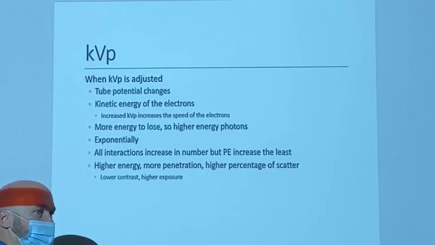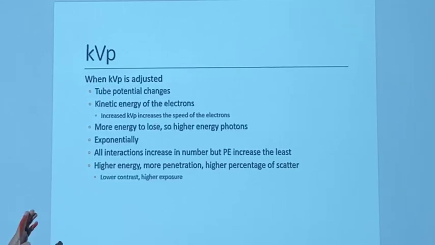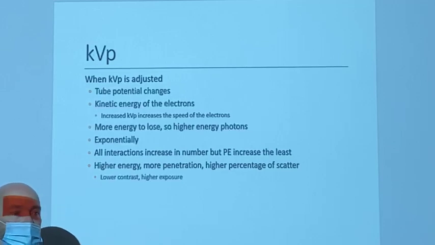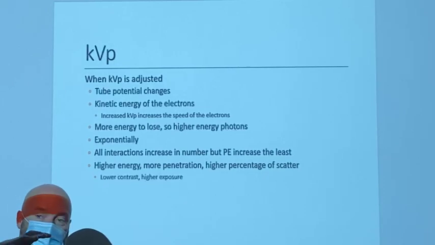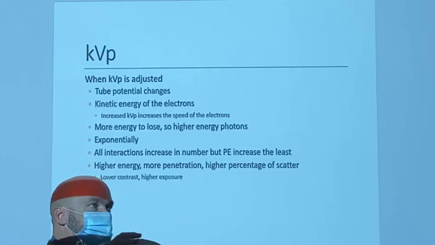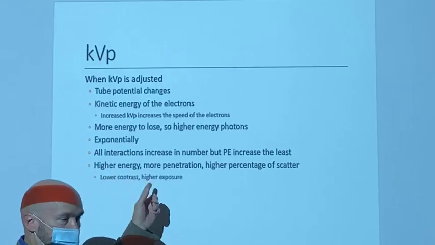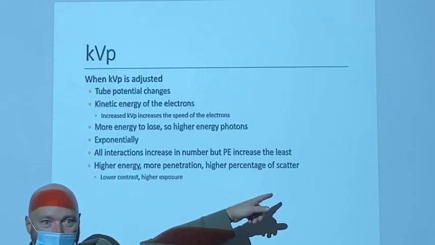Okay. So let's break this down. What controls your contrast? Okay, thickness. As tissue thickness increases, what do we get more of? Scatter radiation, right? So if we change the technical factor, it gives us a higher percentage of scatter radiation.